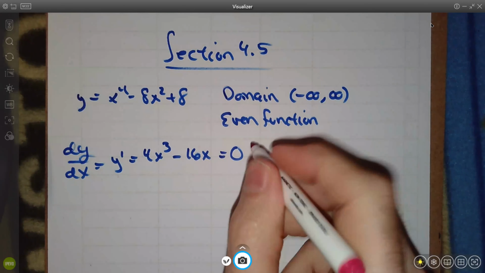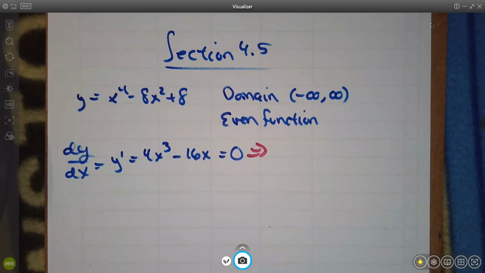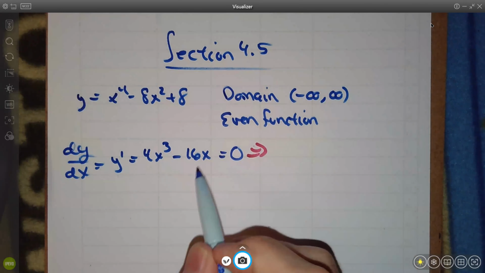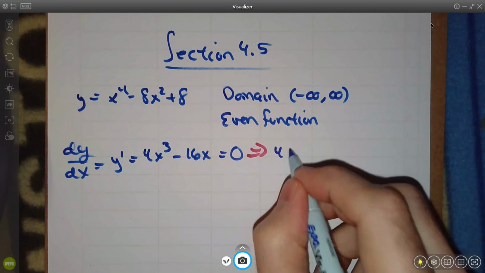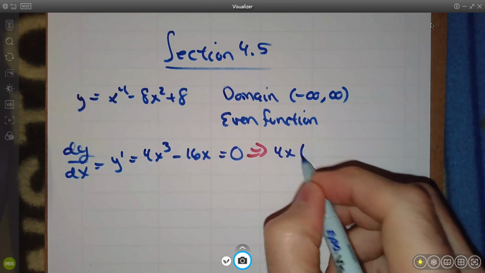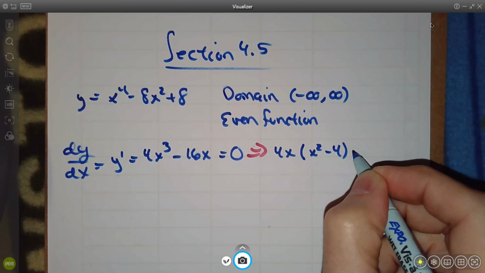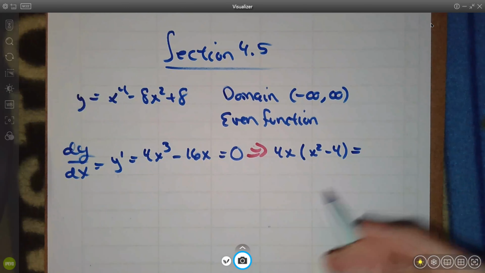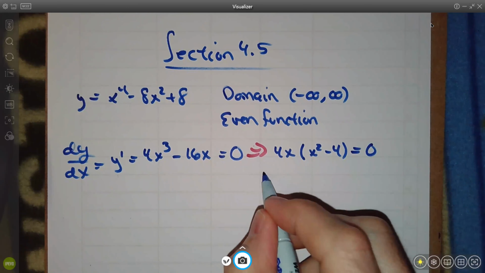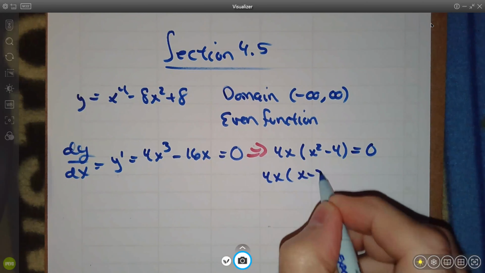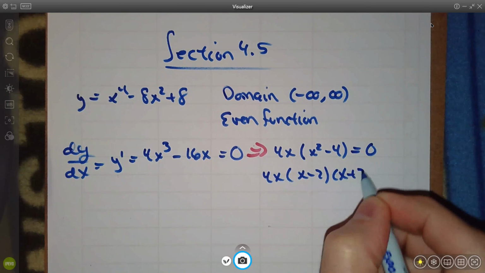And how am I going to do that? Well, probably factor out a 4x. And that's going to leave behind x squared minus 4. And then I can factor that further. 4x times x minus 2 times x plus 2.